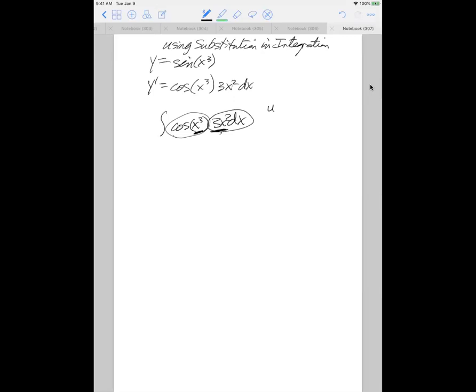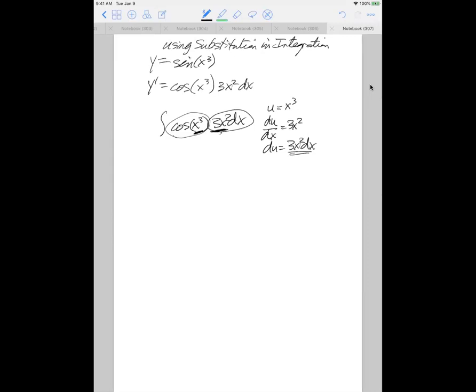But if we set u equal to the term that we're going to be taking the derivative of, then if u equals x to the third, the derivative of u with respect to x is equal to 3x squared. And then if you solve for du, you get 3x squared dx. Get in the habit of writing du, and get ready to be using the dx as one of the factors in the situation.